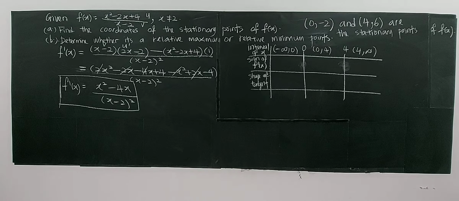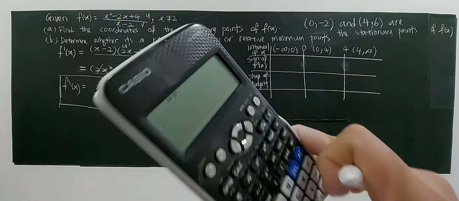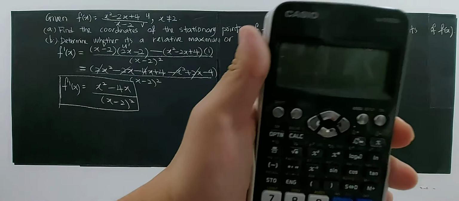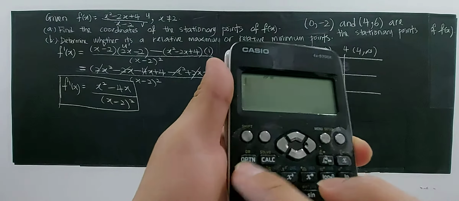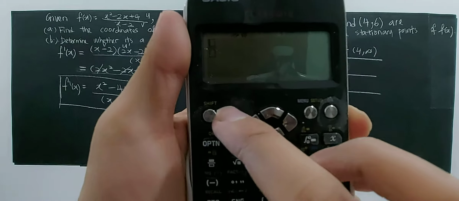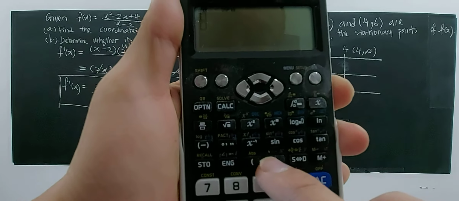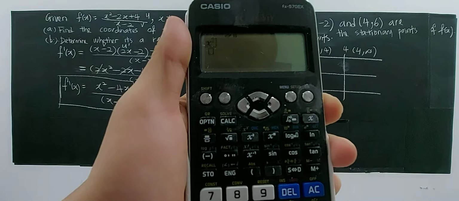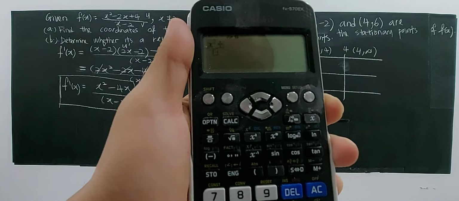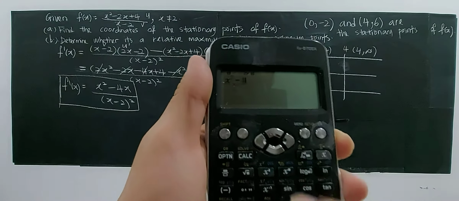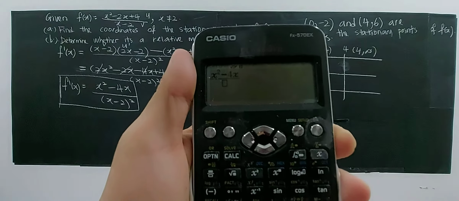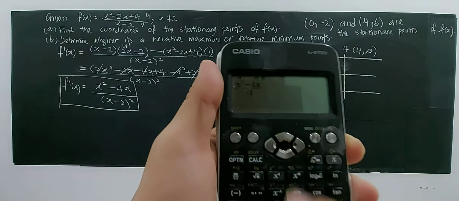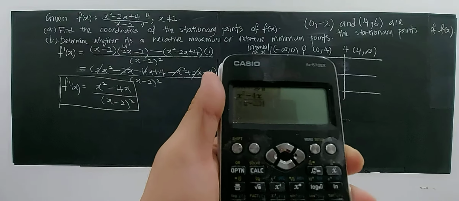To be fast, I can use my calculator to test the values. You key in this gradient function: x to the power of 2, minus 4x, over x minus 2 to the power of 2.